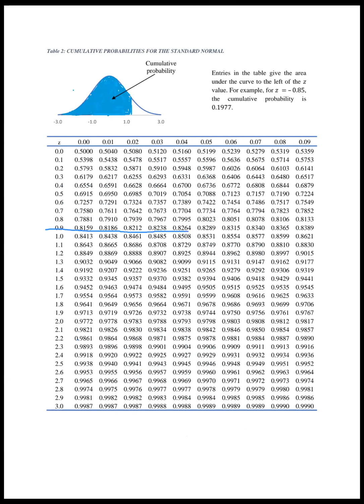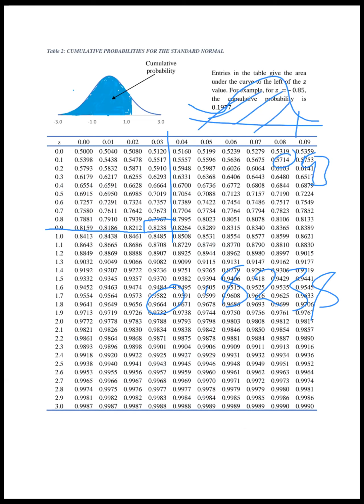They meet at the area 0.8238. This is the area equivalent to this diagram, the shaded part. So if you are asked the probability that z is less than 0.93, it simply means you give this.